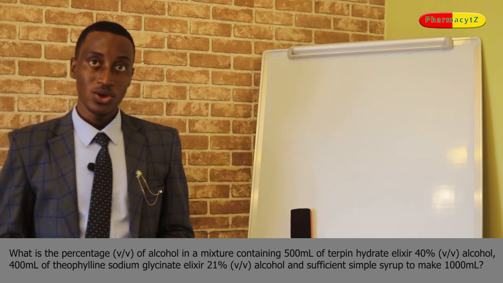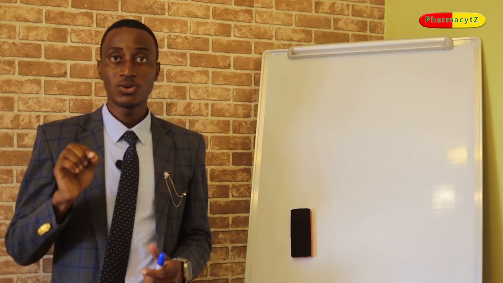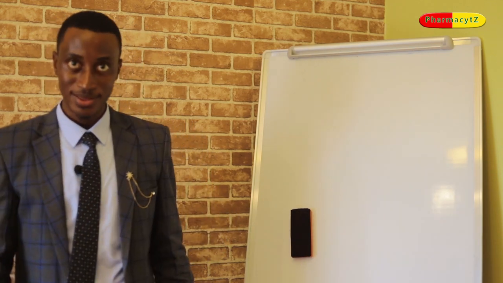Remember, I said before, we only use alligation medial when we have the known quantity and the known concentration. Then we need to find the final percentage strength.